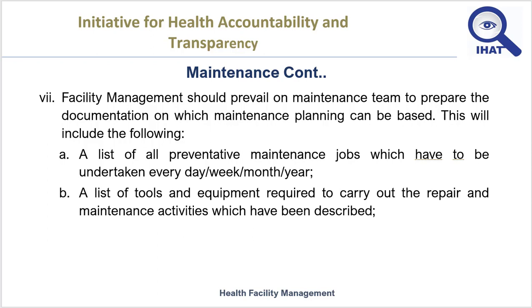Facility management should prevail on the maintenance team to prepare the documentation on which maintenance planning can be based. This will include the following: a list of all preventive maintenance jobs which have to be undertaken every day, week, month, or year, and a list of tools and equipment required to carry out the repair and maintenance activities which have been described.